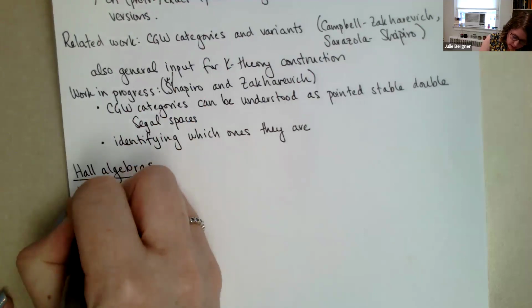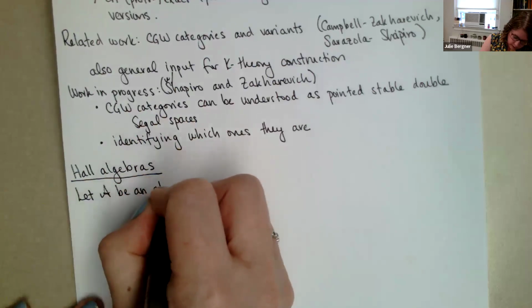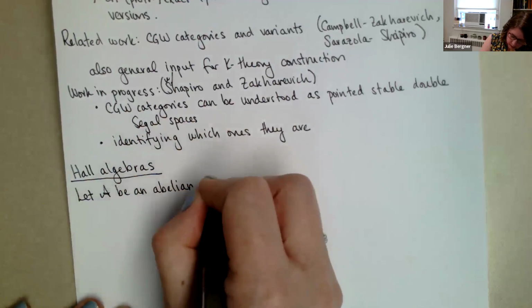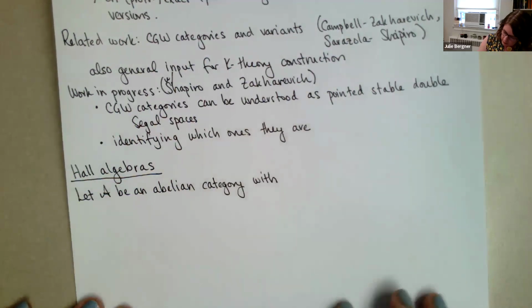So our setup is that we're going to let A be an abelian category. And we're going to assume some finiteness conditions.